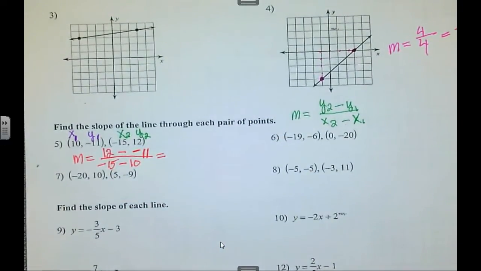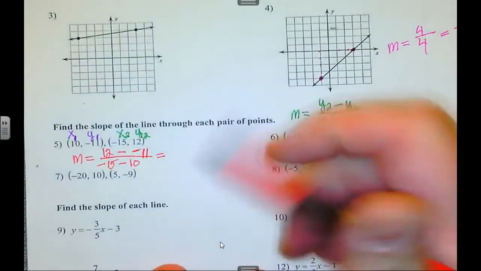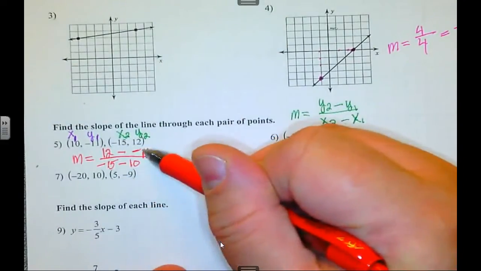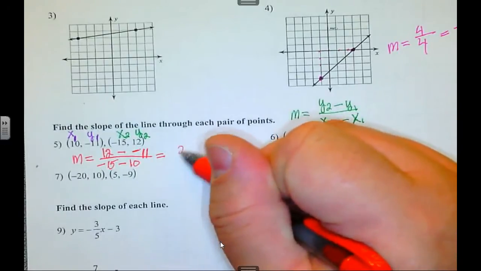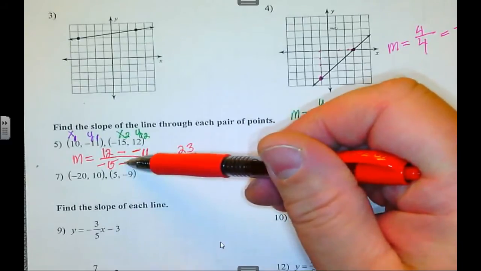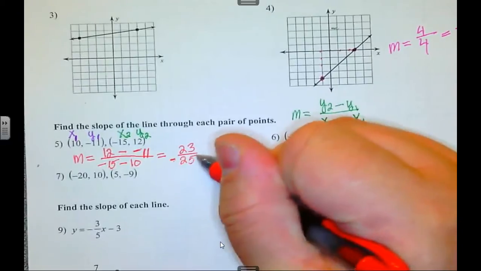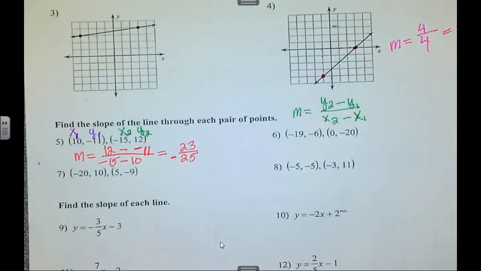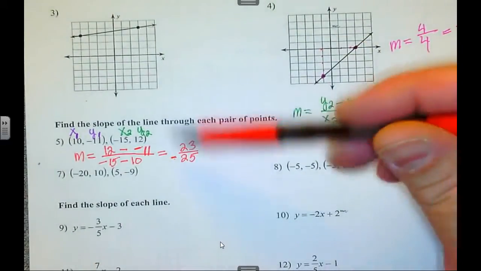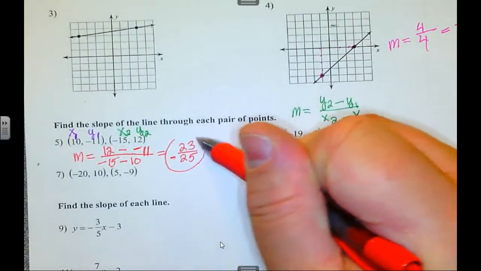If you're one of those people that get confused real easy with the negative signs, use your calculators, okay? I have a double negative, that's going to make it a positive. So 12 plus 11 is going to be 23. Negative 15 minus 10 is negative 25. Make sure it's simplified. The thing that's nice about using your calculator, it can simplify it for you. This is simplified.